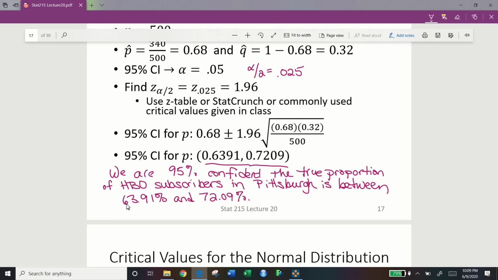Very good. Notice this follows a similar format as when we interpreted confidence intervals for means, only instead of using true mean, we use true proportion.